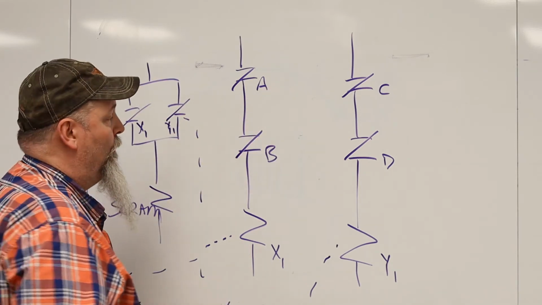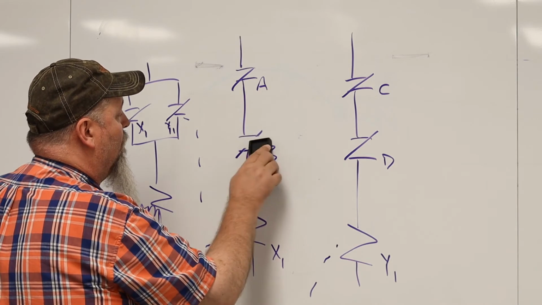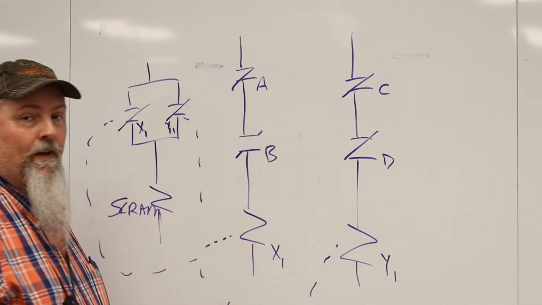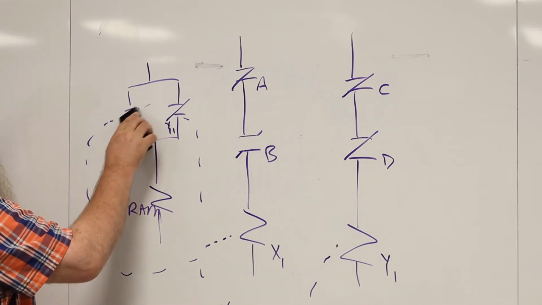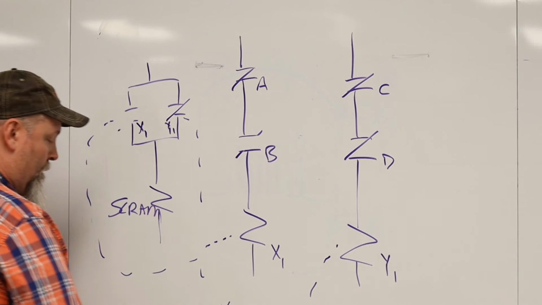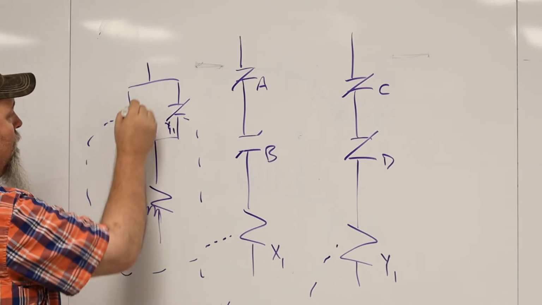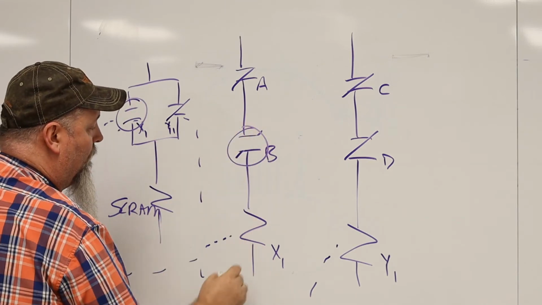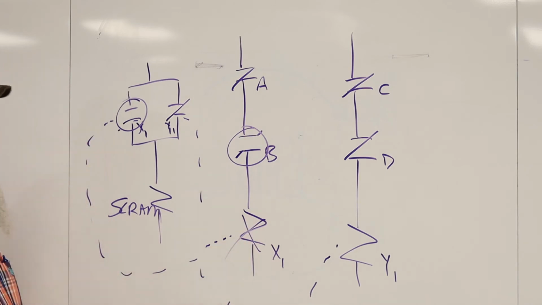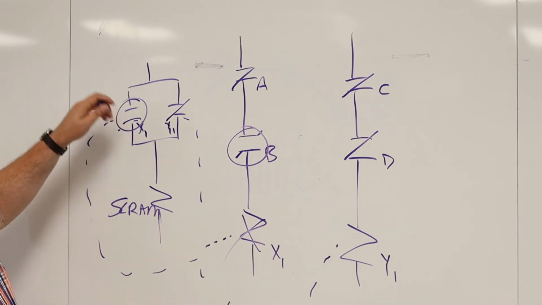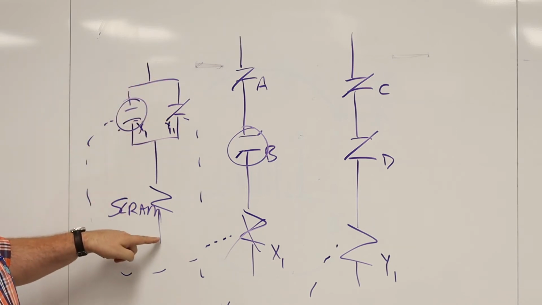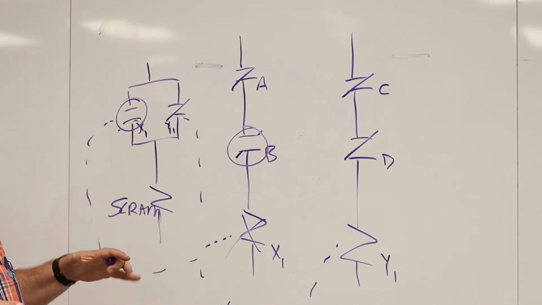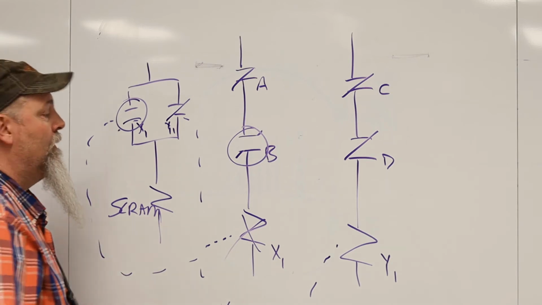So 1 of 2. Let's say Bravo opens up. X-ray 1 is now de-energized, and this contact opens. Open, open, no power. No power to this contact, but I still have power to the scram circuit, keeping the scram from happening.